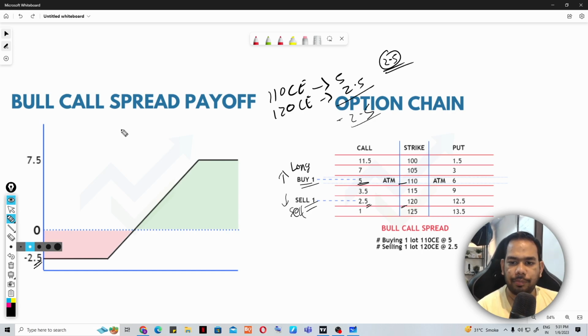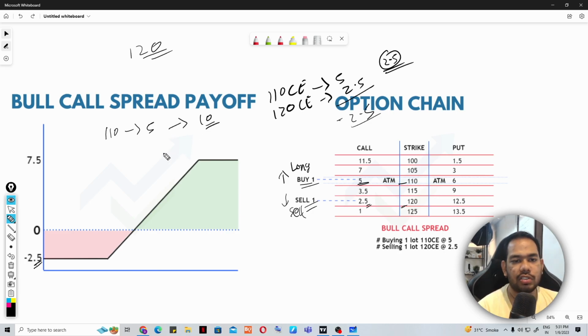Now for maximum gain, we can see the 1110 call option which we have bought at 5. At the expiry, if the current market price goes to 120, the strike which we have sold, the 1110 call option which we bought for 5 will go to 10 rupees.